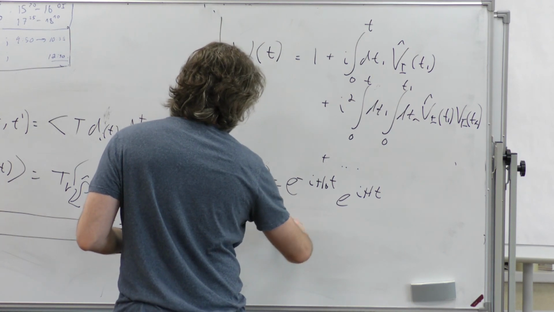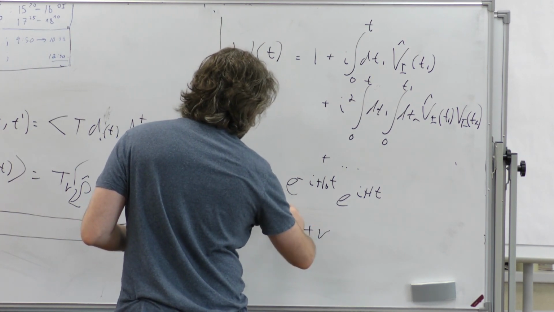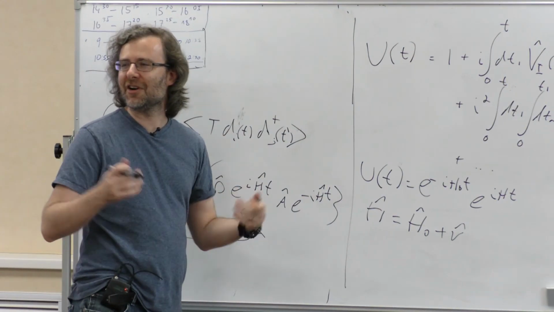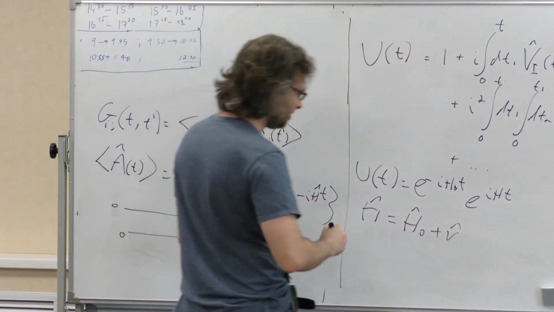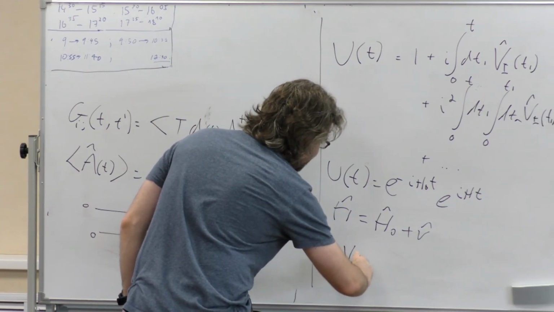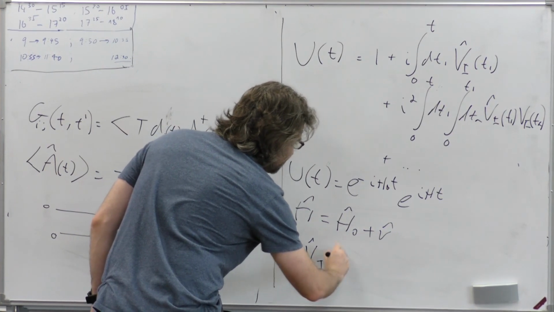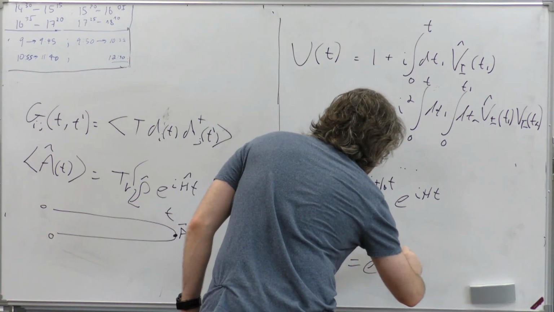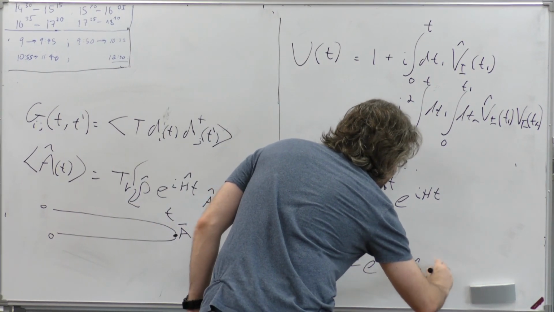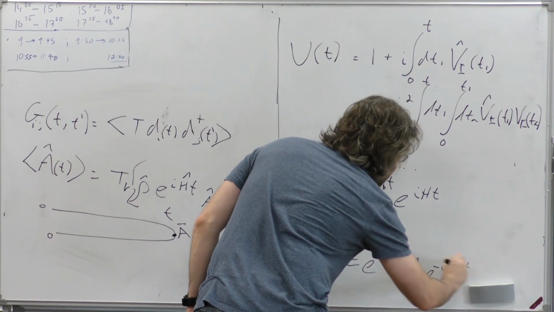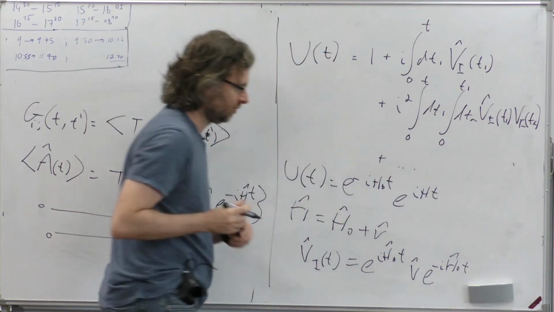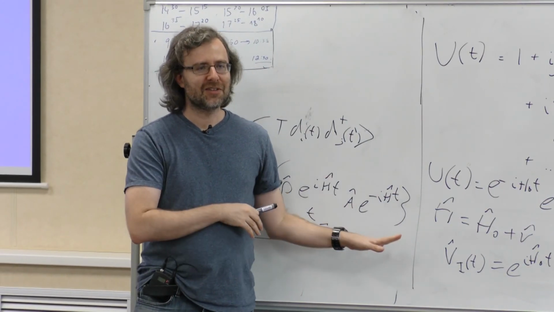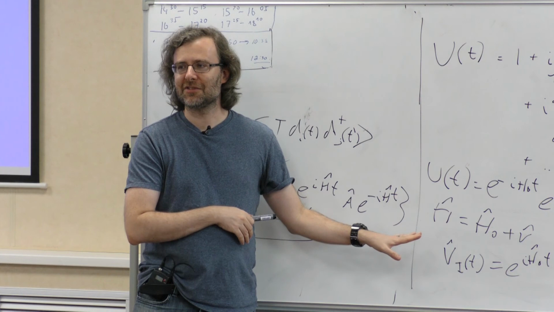I write my Hamiltonian as H0 plus V. H0 is an easy part, V is my interaction or hard part. Okay. And then V in the interaction picture of t is V propagated with the easy Hamiltonian H0. Okay. So does this ring a bell? Have you guys seen this stuff in textbooks?